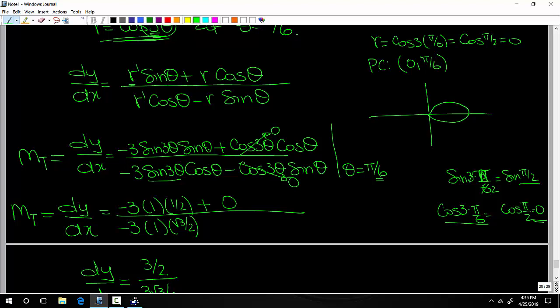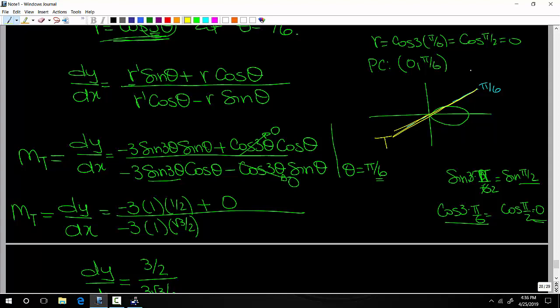Remember I told you before, anytime a polar curve goes to 0, goes to the pole, it'll go tangential to that angle. So that tells me that this angle here must be pi over 6. Anytime a polar curve goes to 0, it'll go tangential to the angle. So my tangent line is the same as this line here because it's going to 0. That's my tangent line.